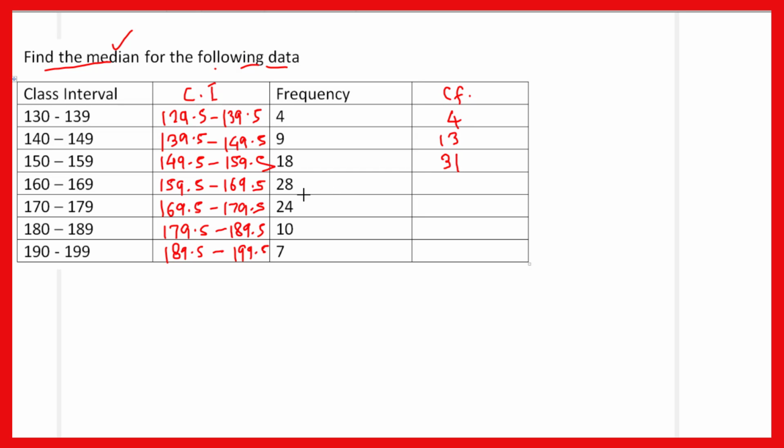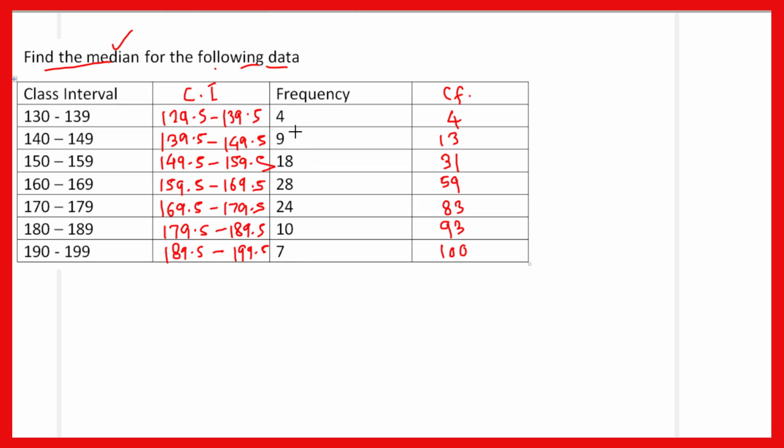Then 31 and 28, that will be 59. Then 59 and 24, that will be 83. Then 83 and 10, that will be 93, and 93 plus 7, that will be 100. And so here we have got the cumulative frequency.